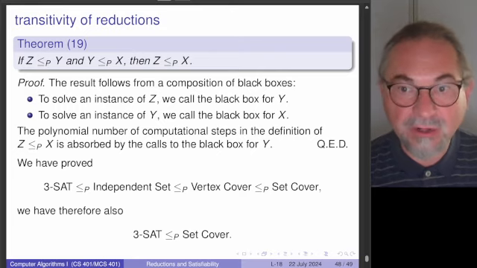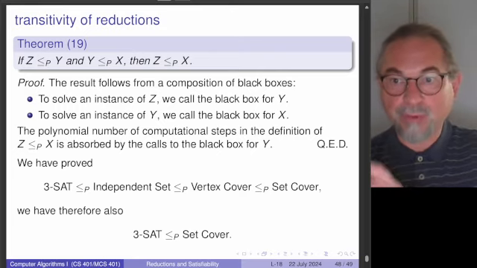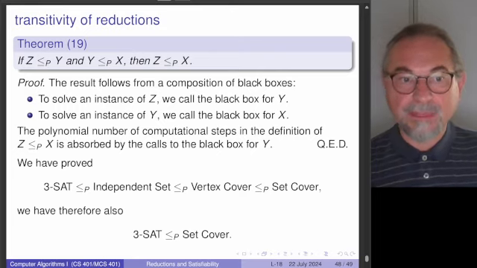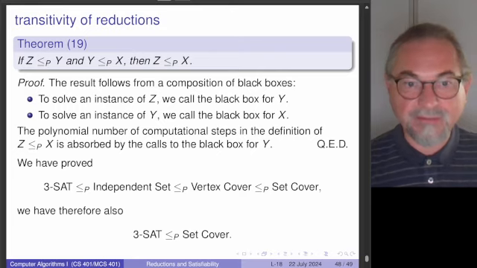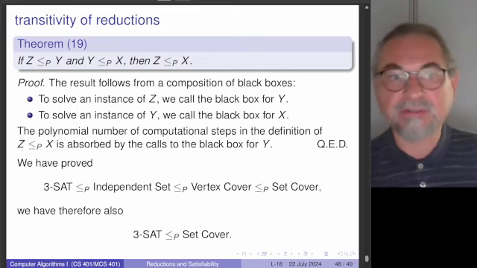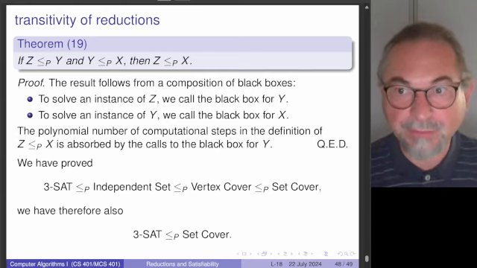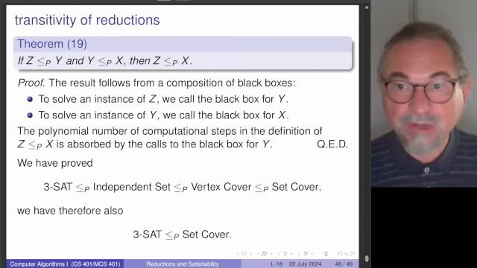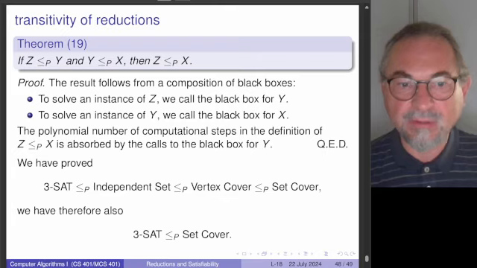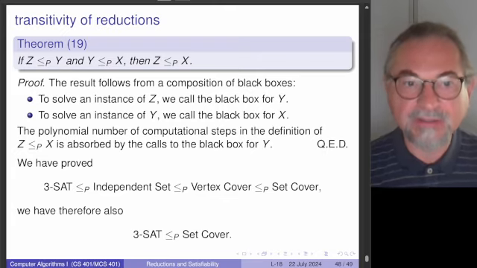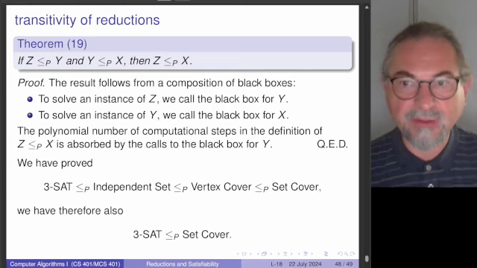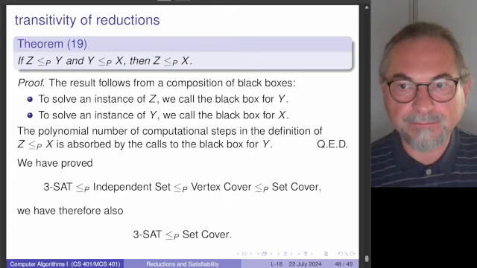So actually now the more general problem, the set cover problem, you can reduce the tree satisfiability problem by this transitivity theorem to the set cover problem. So if we do have an implementation to solve the set cover problem, then we can reformulate it. We can use that to solve any tree satisfiability problem.